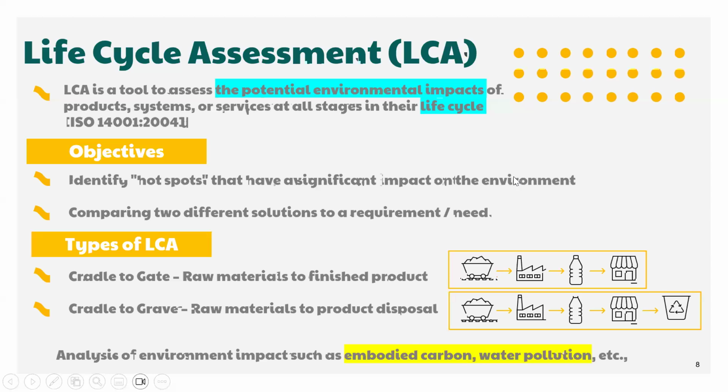So moving forward, I would like to give you a bit of an introduction about life cycle assessment. As you can see here, life cycle assessment, according to ISO, is to assess the potential environmental impact of a product, system or service at all stages in the life cycle. In simpler words, again, I'm taking you to the coffee cup example. Imagine you have a coffee cup in your hand.